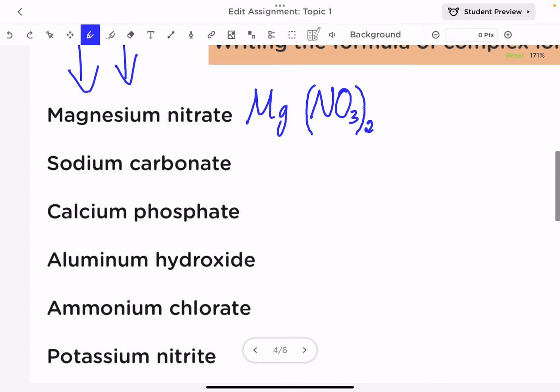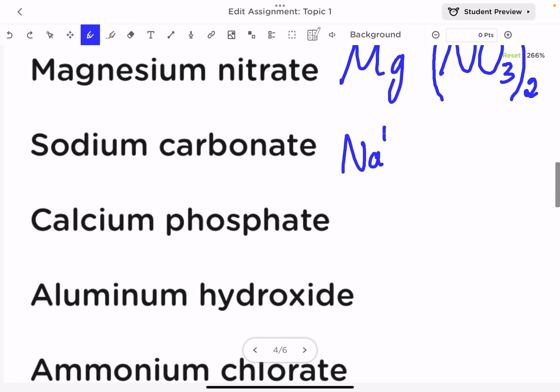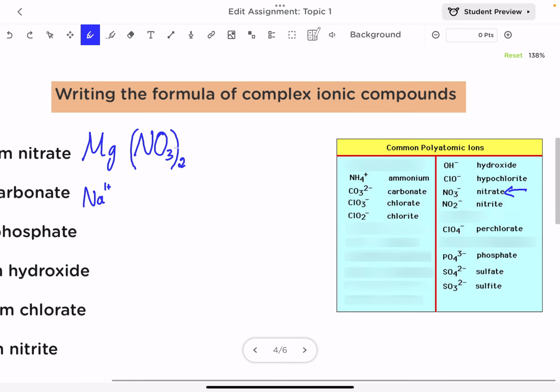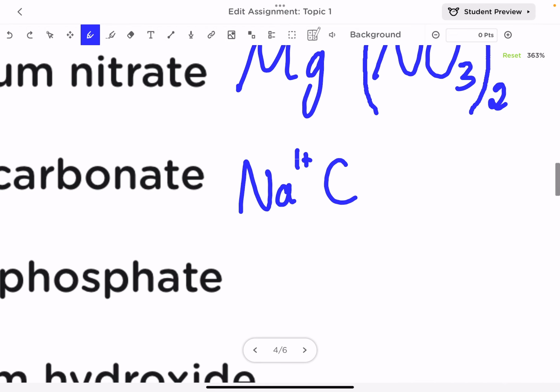Let's look at another example. Sodium carbonate. Sodium belongs to group 1 and carbonate is a polyatomic ion having a formula of CO3 2 minus. Again, the C and the O and the 3 not to touch, not to change.